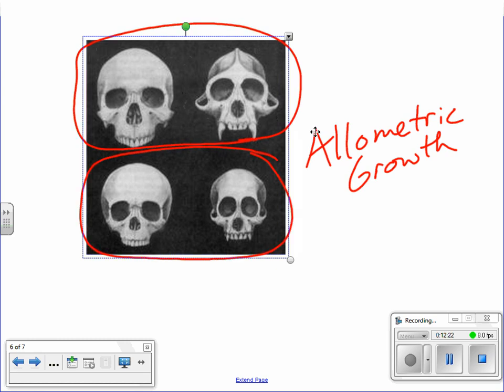And what happens in the embryos of these two species is that the embryos look roughly the same initially, but through a longer development of the cranium, the skull of a human actually gets a lot larger than the skull of a chimpanzee, and that leads to larger brain size and roughly what led to the separation between chimpanzees and humans. So allometric growth is really looking at the development of organisms and separating those into two different species.